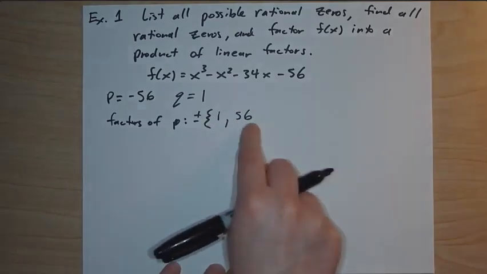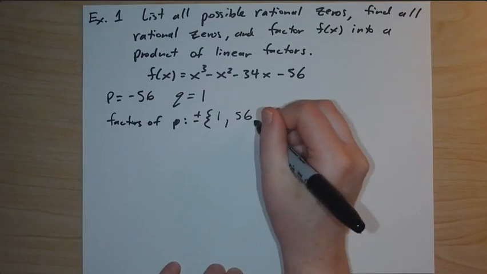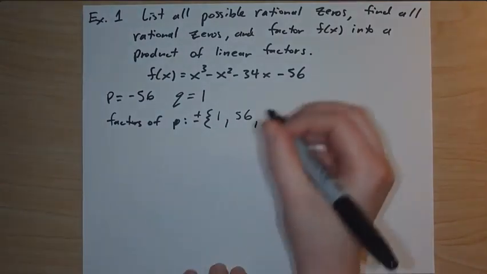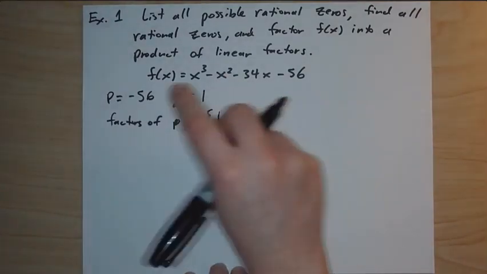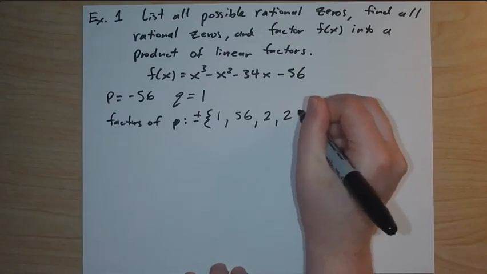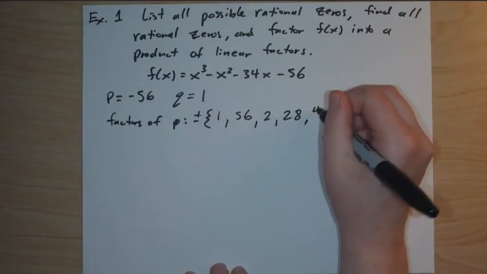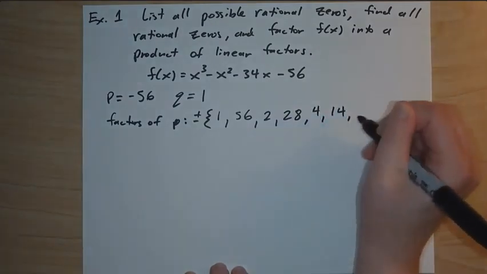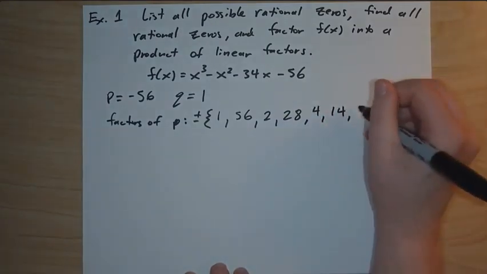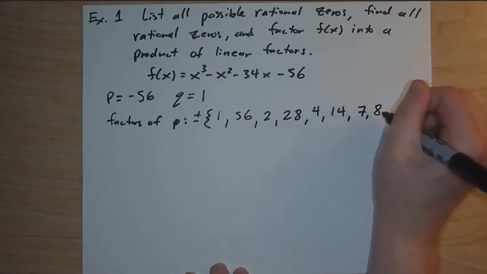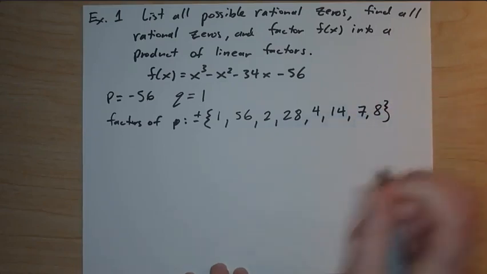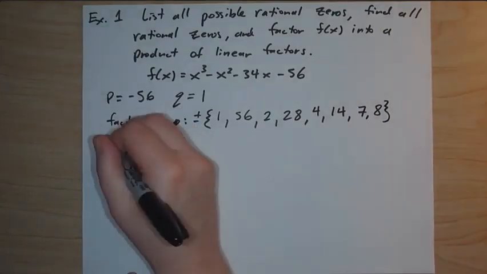Either one of those could be positive or negative. And then we can also have 2 and 28. 2 times 28 is also 56. And then we also have 4 and 14. And we also have 7 and 8. These are the possible factors of P.